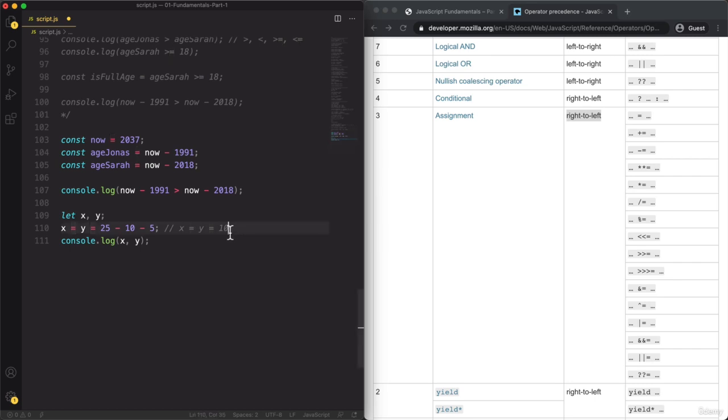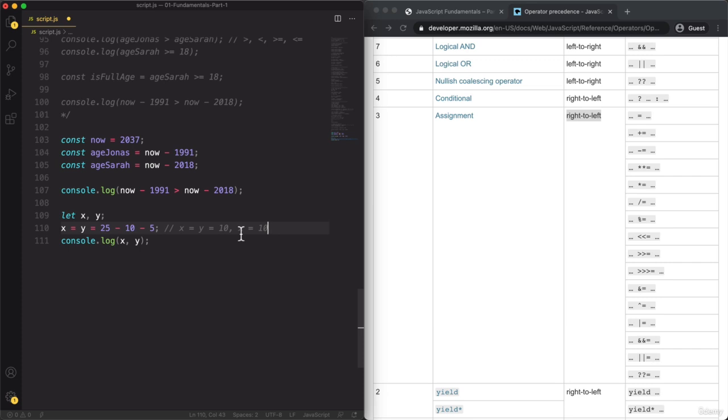So from this side here, starting from the 10 to this side. And so what happens is that we will have y equals 10. And so at this point, y is equal to 10. And so what we have then is x equal to 10. Okay? And then after that, we're only left with x equal 10. And so at the end, both x and y are going to be 10.